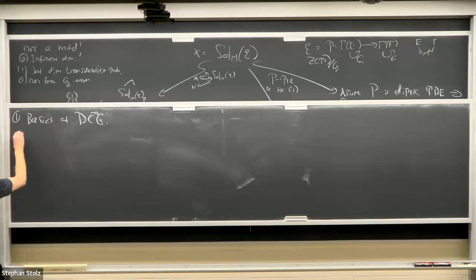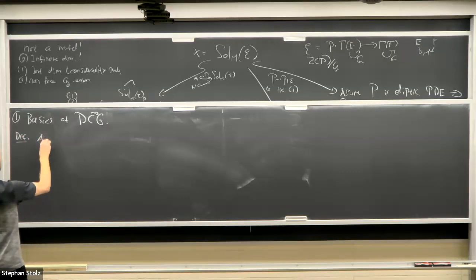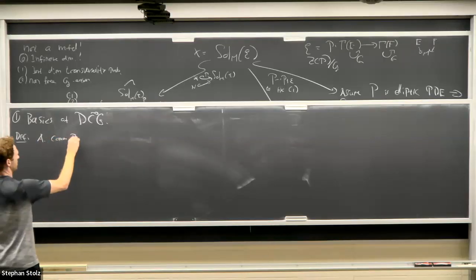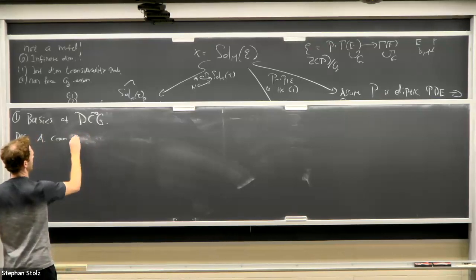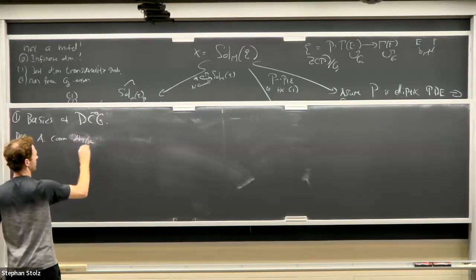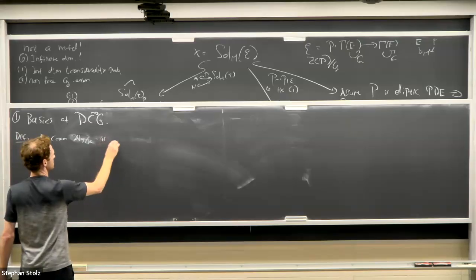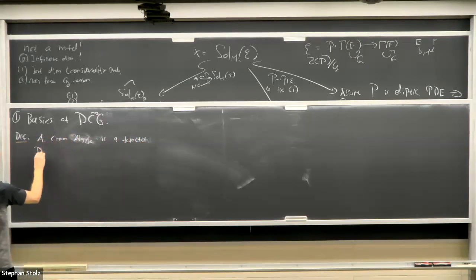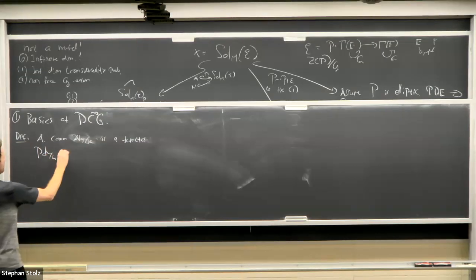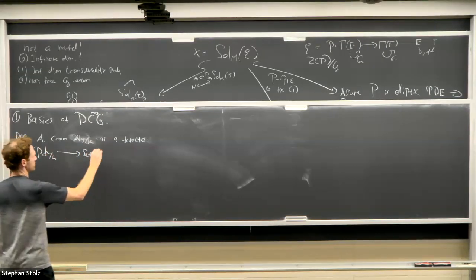I'm going to give a non-standard definition of a commutative ring. A commutative algebra over, say, a field K is a functor from a category that I'm going to call Poly K into sets that preserves finite products.